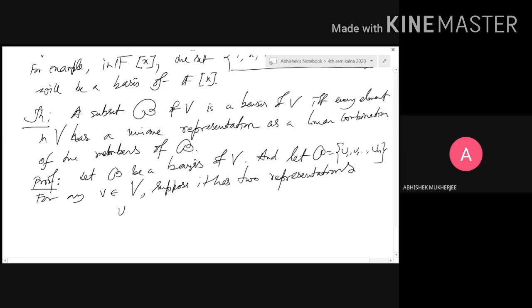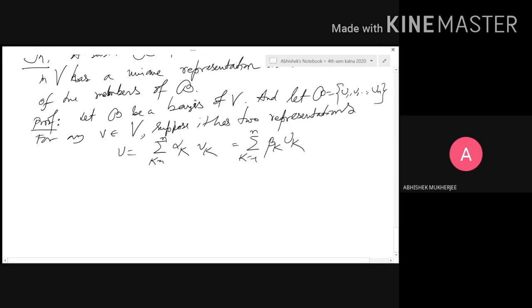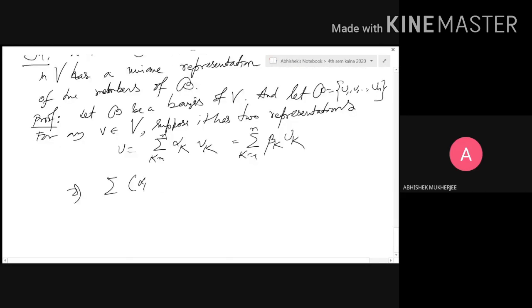Suppose one is summation alpha k vk, k equal to 1 to n, and another one is summation beta k vk, k equal to 1 to n. Then we have summation of (alpha k minus beta k) vk equal to 0.